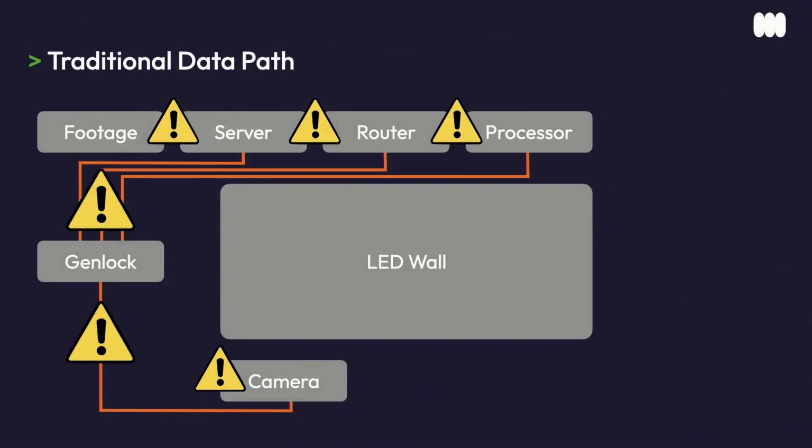That means that if there's a metadata failure between the server and the router, that metadata doesn't make it all the way to the processor, doesn't make it down to the LED tiles, so they don't know what color space they're supposed to be in. You can manually override these things, of course, but that's not the ideal intention. We really want all of this to be as seamless and auto-magic as possible.